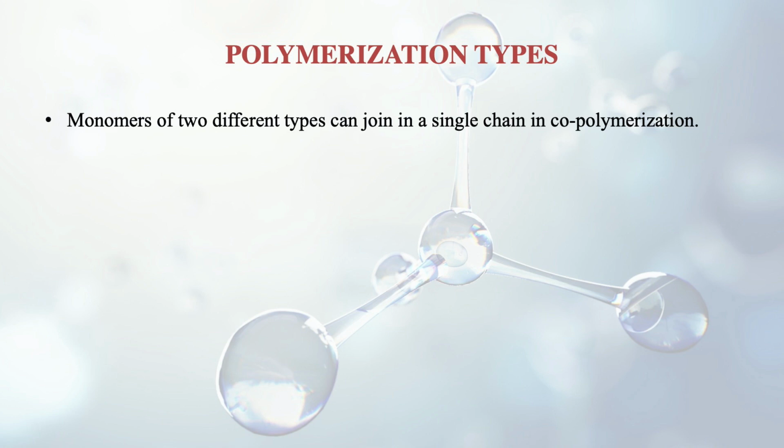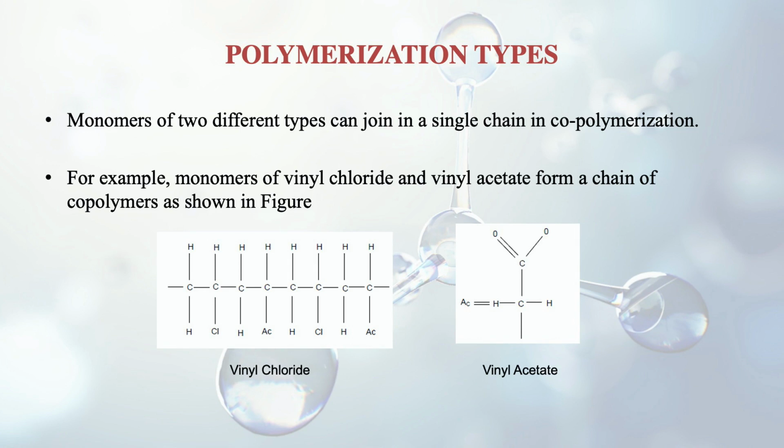Monomers of two different types can join in a single chain in copolymerization. Like we discussed in addition polymerization, where there was a monomer of a single type only, here the monomers may be of different types, and this process is called copolymerization. In this figure you can see vinyl chloride, C2H3Cl, and vinyl acetate, COOCH3.